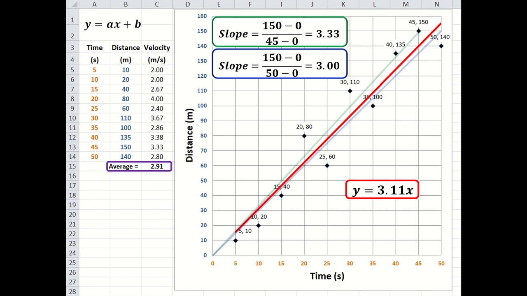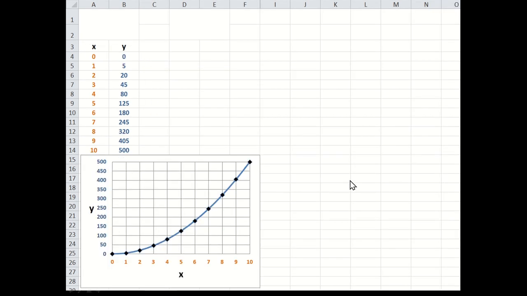It really takes a very detailed approach to get the best fit here. So a simple average isn't nearly as good as finding the slope of the line of best fit. So try to remember that.